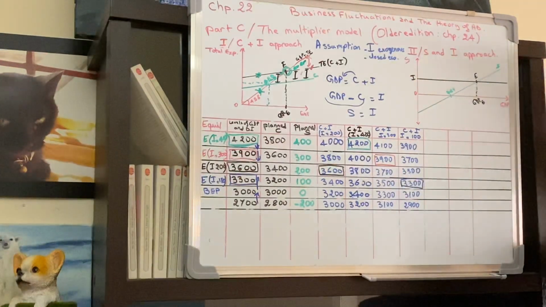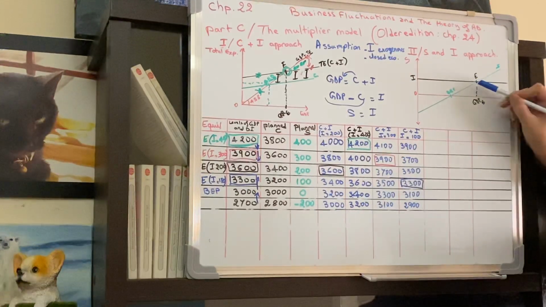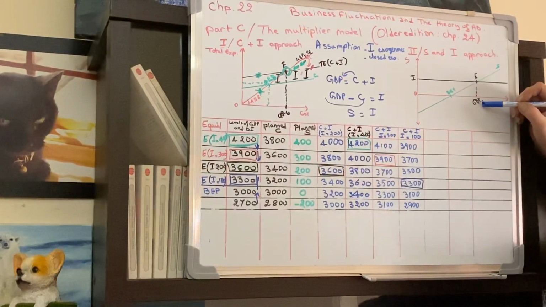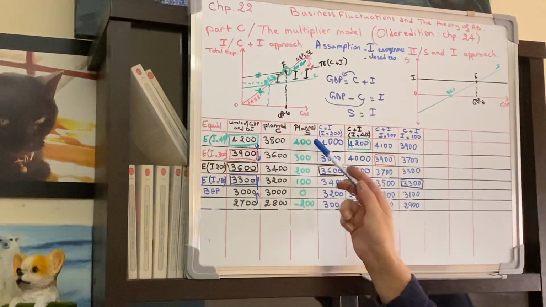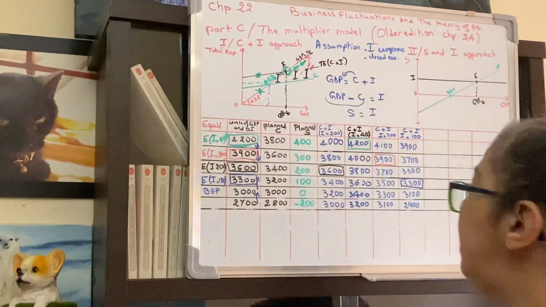Once the investment line is equal to the saving line, so saving is equal to investment, that's my equilibrium GDP. Here I don't really need to calculate, I'm just gonna check. I calculated my saving first, so now I'm gonna determine my equilibrium GDP.